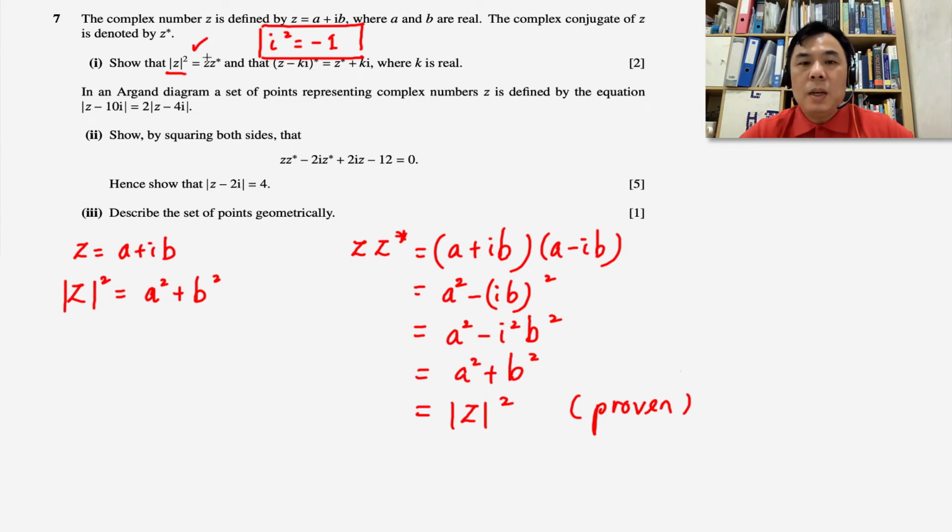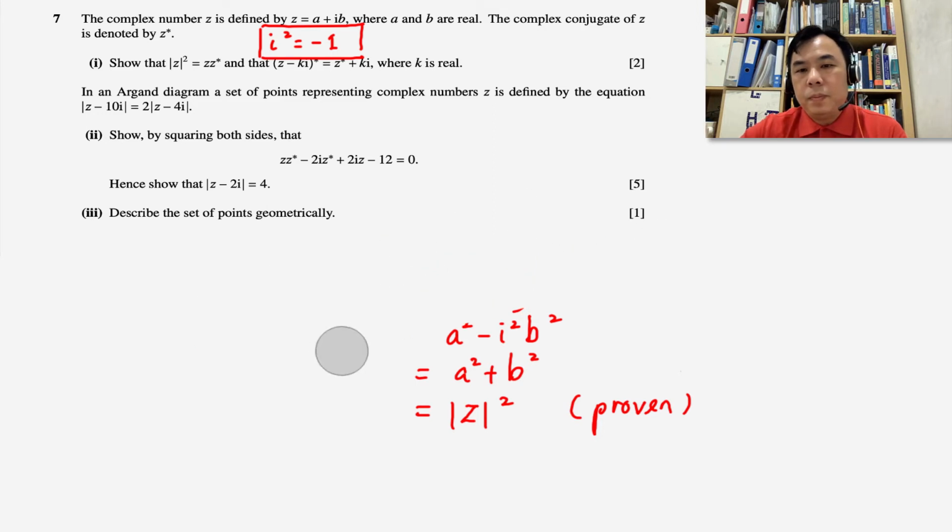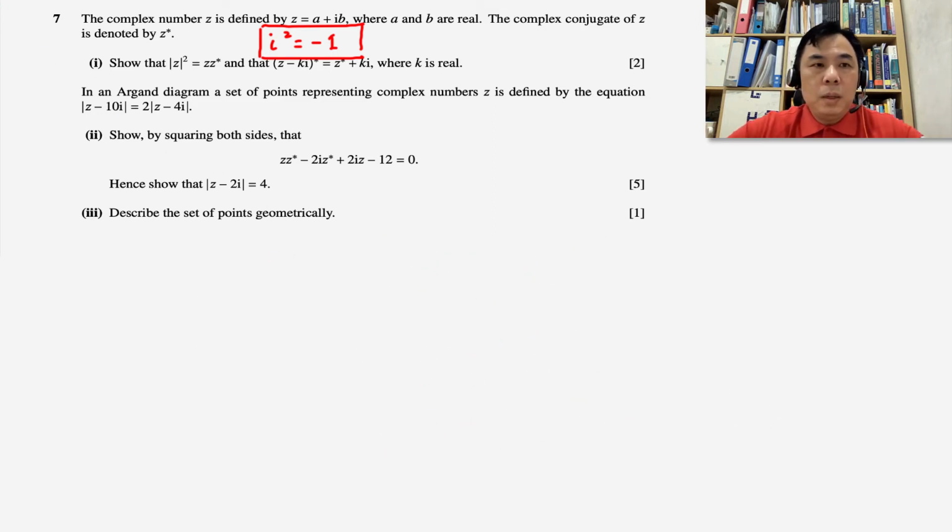All right. Next, I'm going to clean up, and then we're going to move on to the second part. So let me clean all this up. The second part is to prove that the conjugate of (z minus ki) is equal to this. Now let's give it a try. On the left hand side itself, we have the conjugate of (z minus ki).